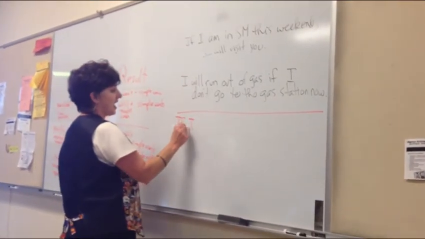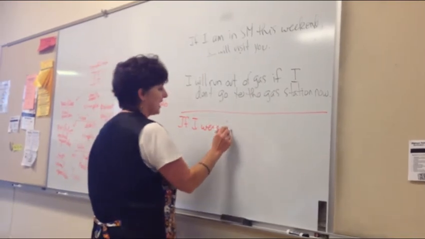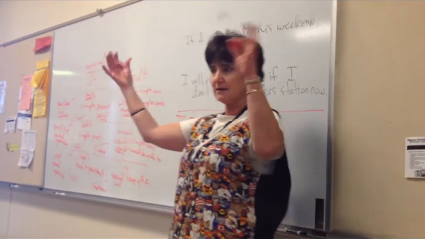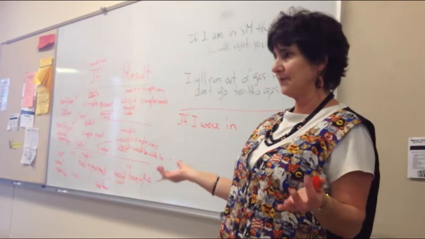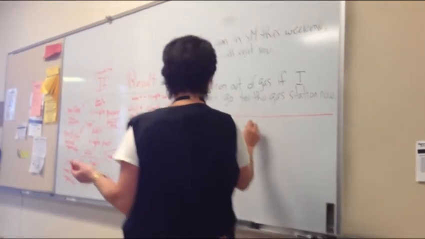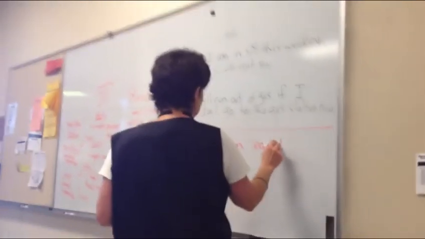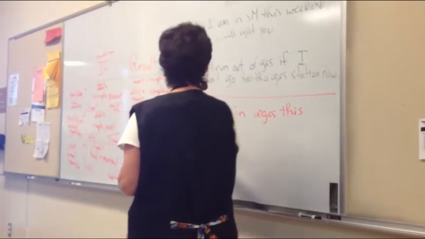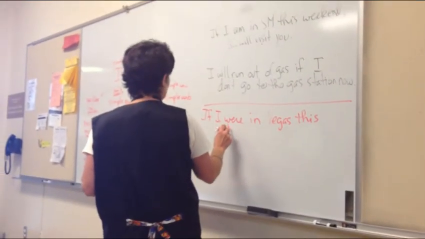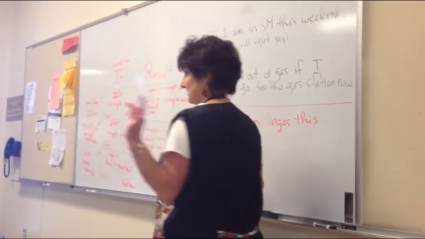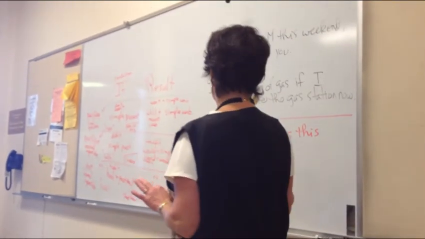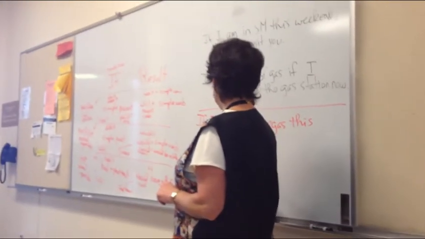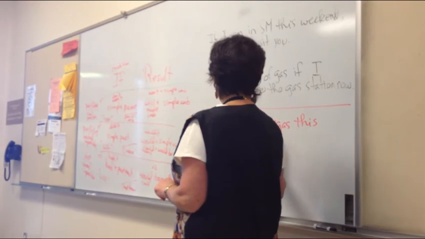If I were in, tell me a famous city. Give me a famous city. Vegas. Vegas? If I were in Vegas this weekend, because I'm definitely not going to Las Vegas this weekend. Not at all. If I were in Vegas this weekend, I would what?